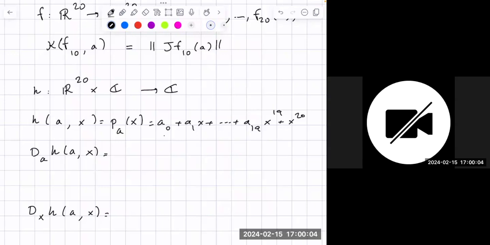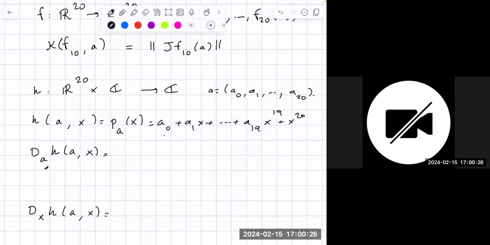Now let's take the derivative of this with respect to A. What was A? A was my coefficients, right? So the output is a number and the input is 20 coordinates. So this is going to be a gradient with respect to A, a vector, right?